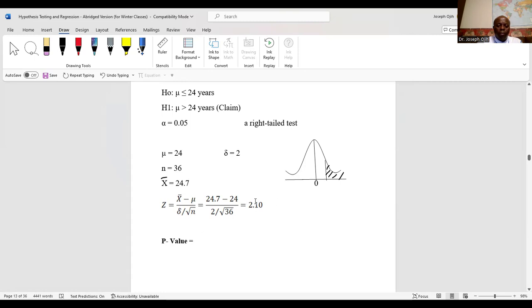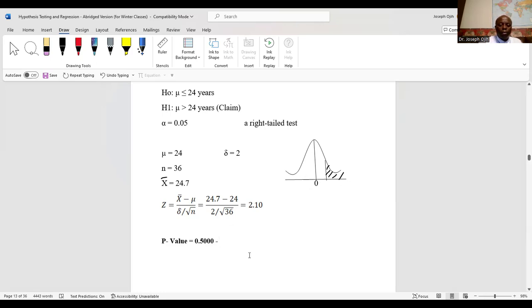Because it is at the tail, whether left or right, half of this is 0.5 and this half is 0.5, so we're looking for only this part. You subtract whatever you found on the table from 0.5. So 0.5 minus the value for 2.10.